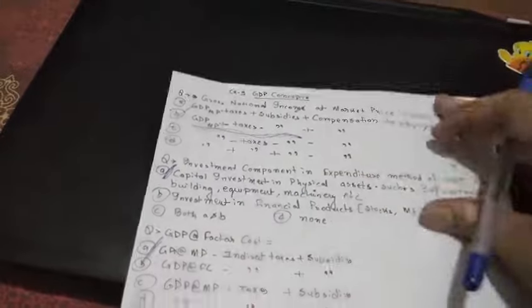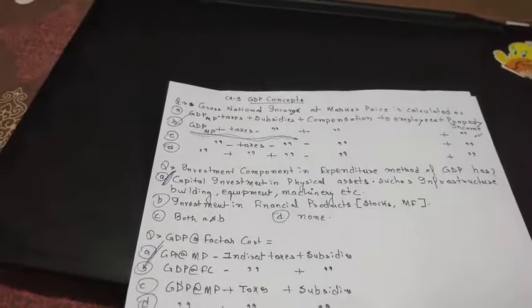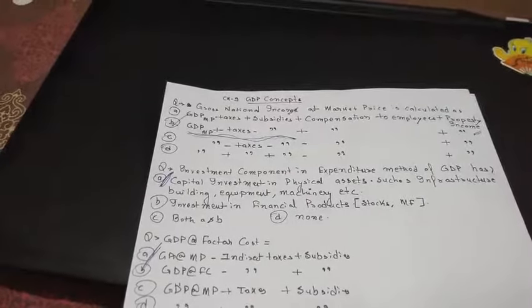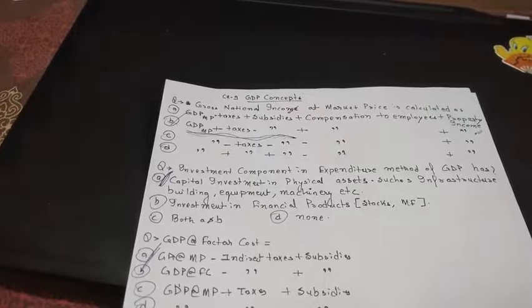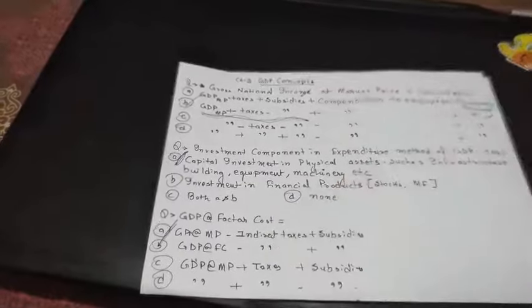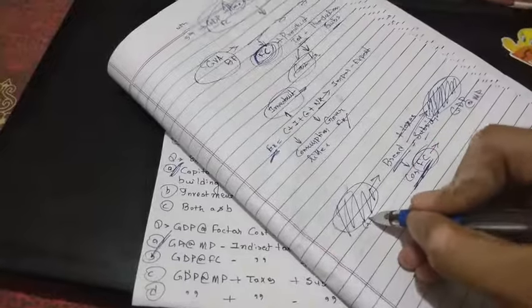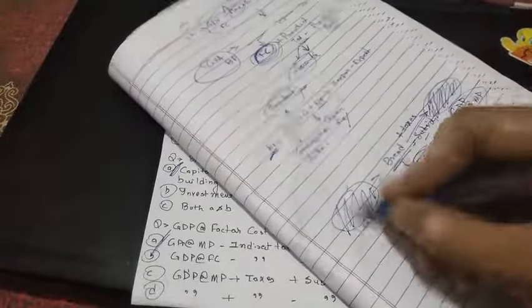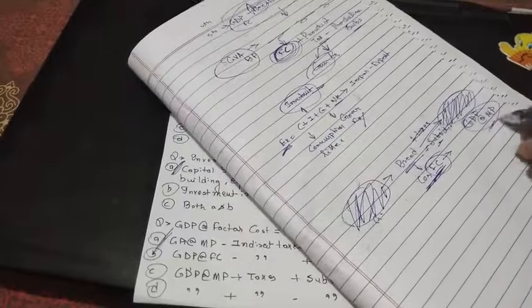A. Next question, GDP at factor cost is equal to... We have understood with an example the factor cost and the market cost. So the formula: we have seen that if we add taxes minus subsidy to GDP at factor cost, then we get the GDP at market price.